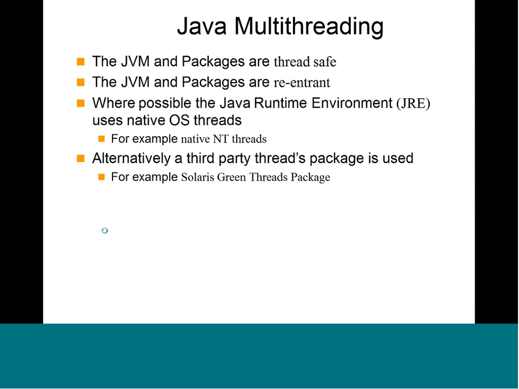We bring in this term called thread safety. The idea that the JVM and packages are thread safe means that data corruption doesn't have to occur when multithreading is used with objects in Java, because all Java threads are objects.